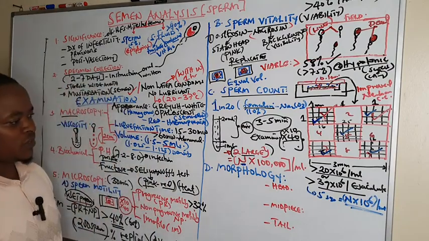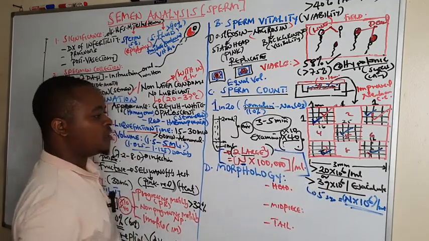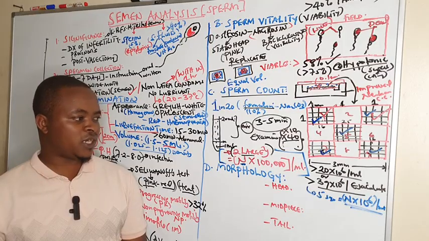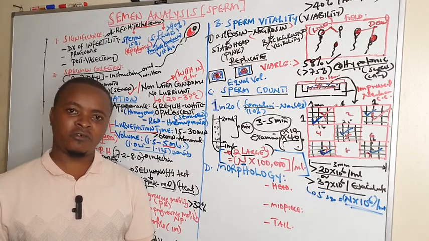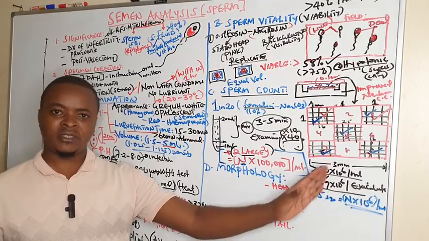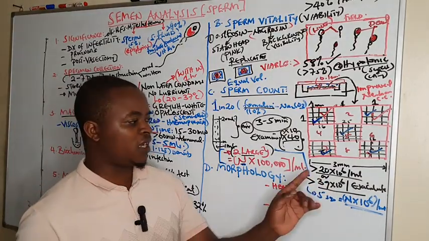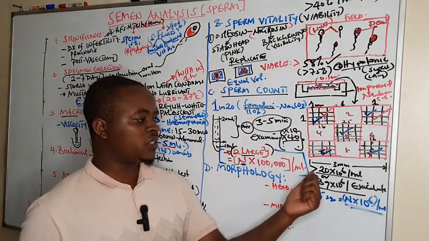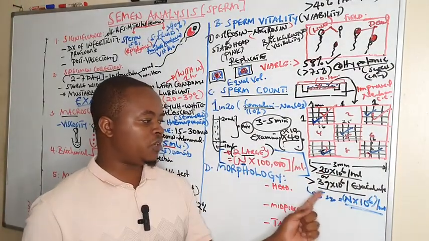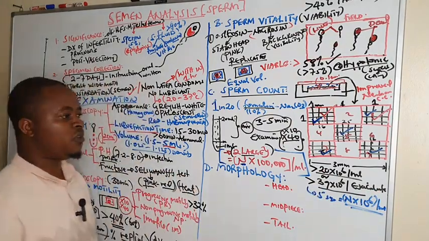But the simplest is always calculating in 2 large squares. It is always sufficient to give us the real values we need to determine the sperm count, and we have seen the reference range. Though some literature give 15 millions. So you will find when you're reading, some literature gives 15 millions, others give 20 millions. Then WHO per ejaculate gives 39 million sperms.